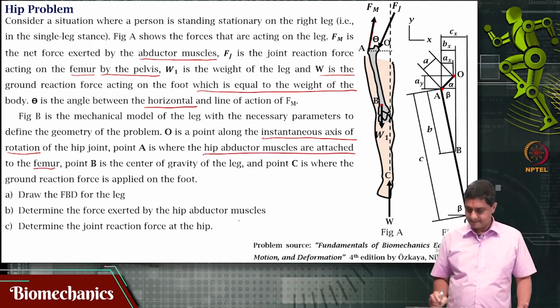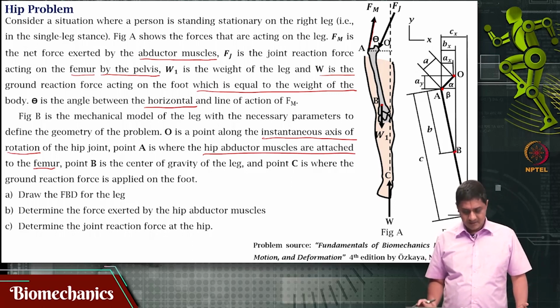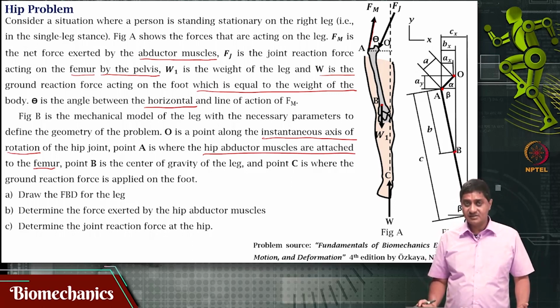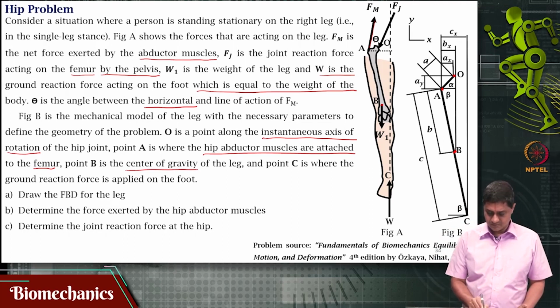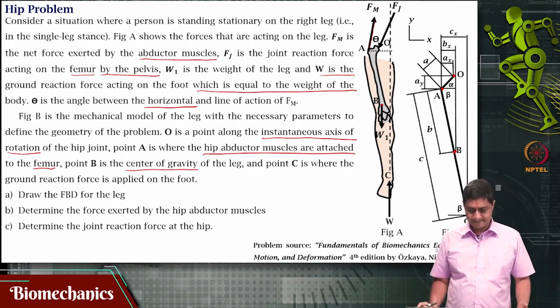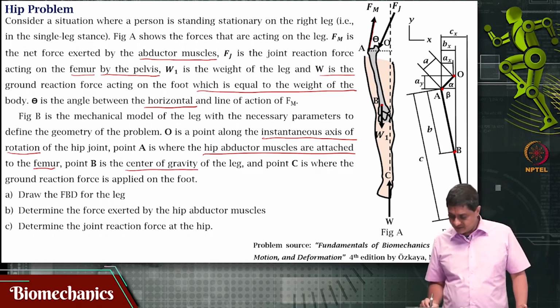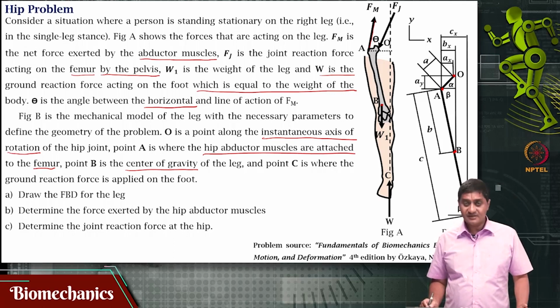Point B is the center of gravity of the leg, that is where the weight of the leg is acting from. And point C is where the ground reaction force is acting. The corresponding moment arms are all given.